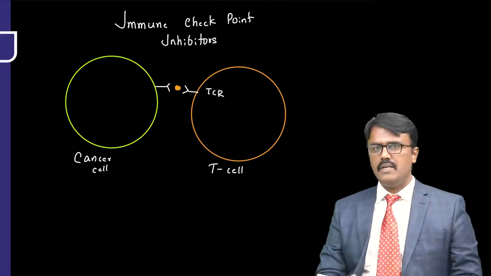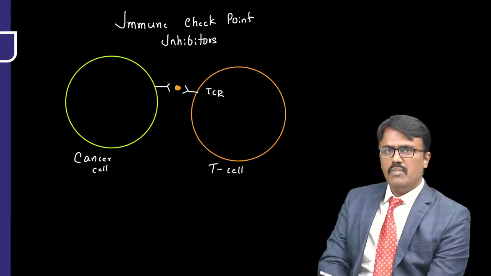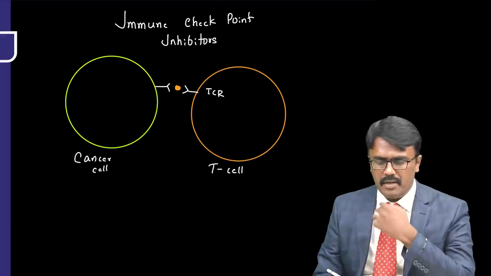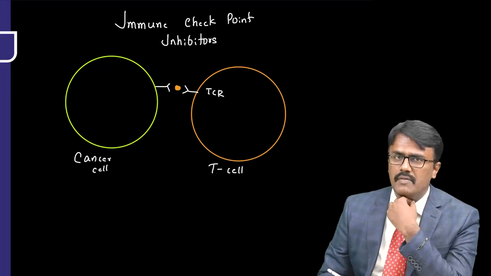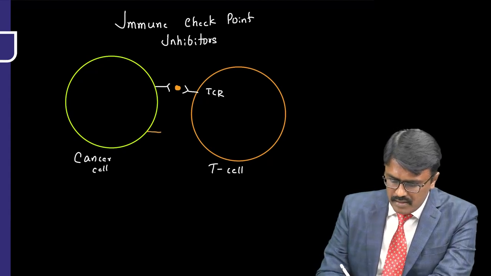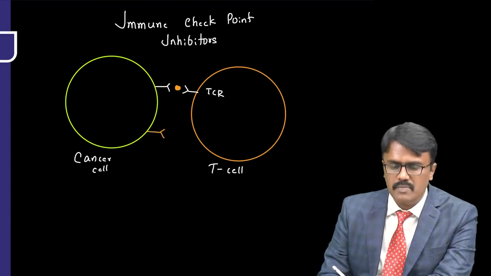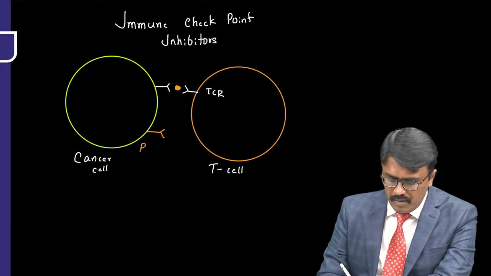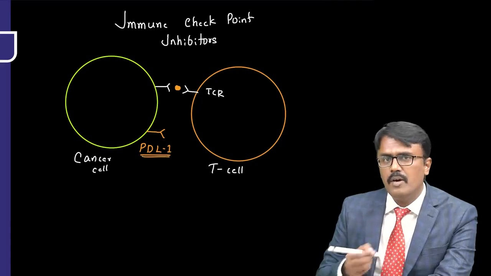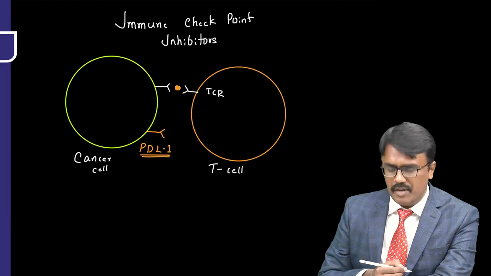When the antigen is presented, T cell should mount an immune response. Yes or no? Because it has to kill. But the T cell has to identify whether it is ours or somebody's. So for that, the cancer cells express something called programmed death ligand 1.